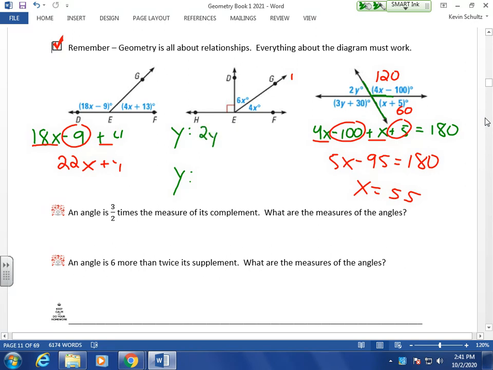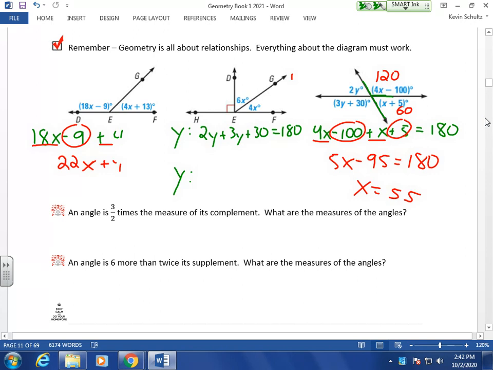Okay. We also see that our y angles there, they also make a line, just like the x angles did. So their sum will also be 180. So 2y plus 3y plus 30, the sum of those angles, will equal 180. We could have done that first, right? If we had chosen to solve for y first, that's what we would have set up.